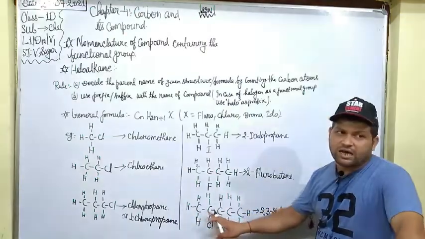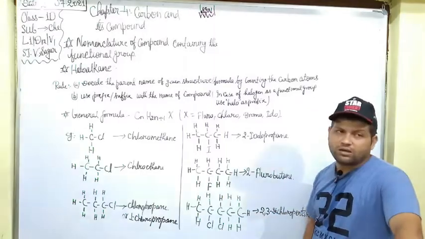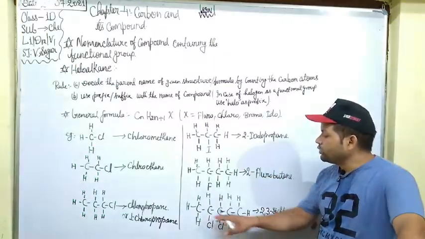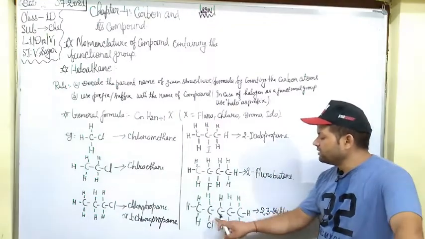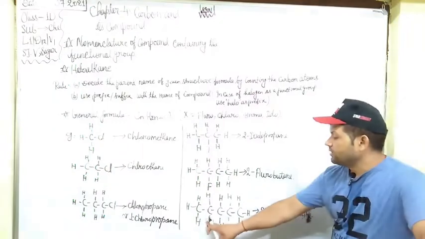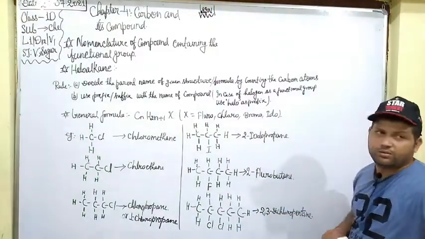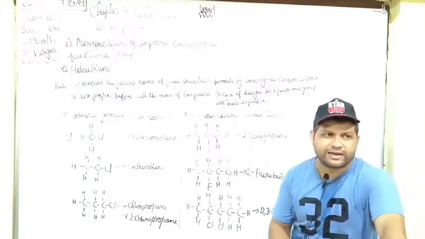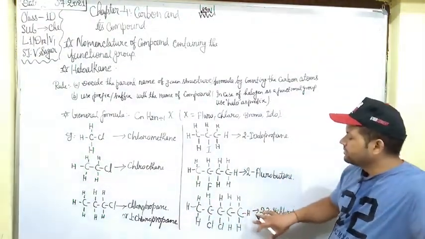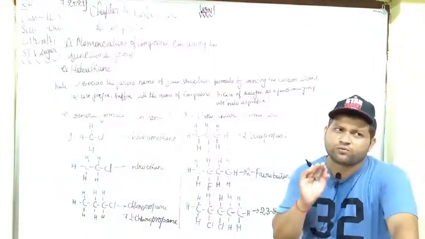In the same way, in another case, there are 2 chlorine atoms present as a functional group. So its name will be 2,3-dichloropentane, because the root word is pentane, and the parent name is pentane since there are 5 carbon atoms.